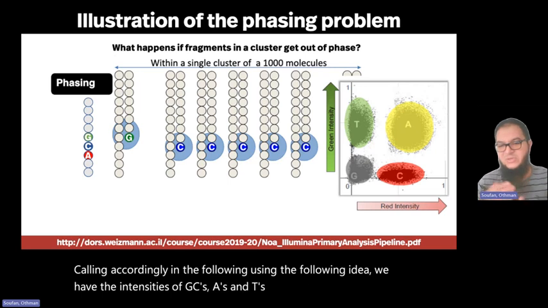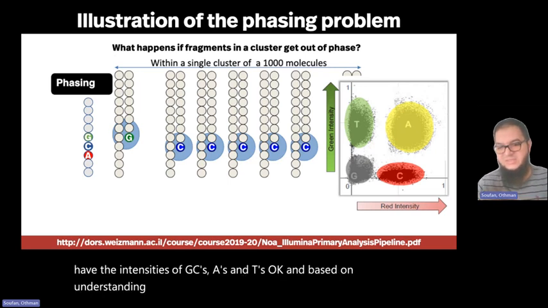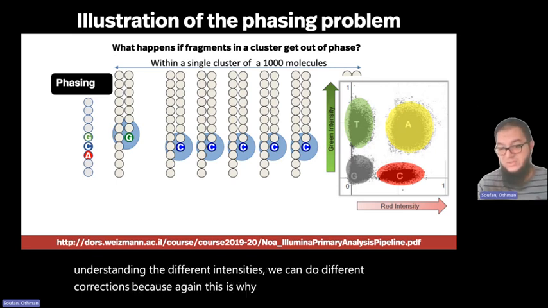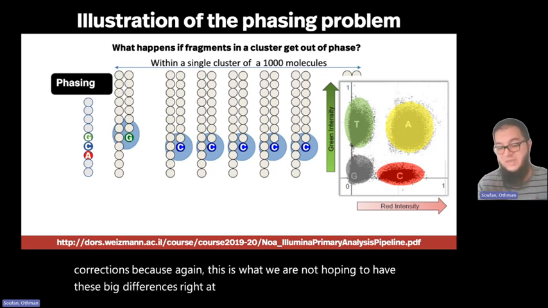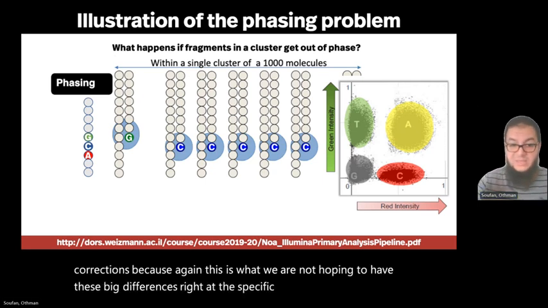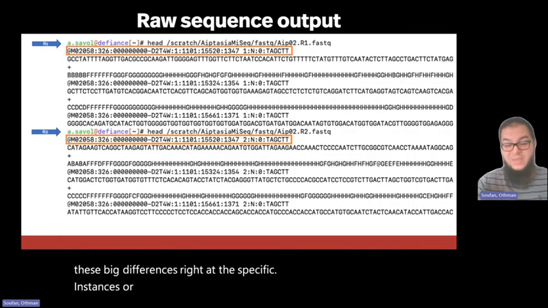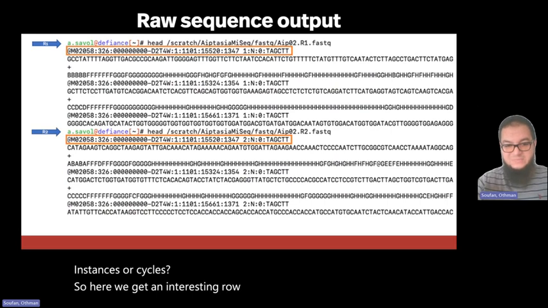Based on understanding the different intensities, we can do different corrections. Because again, we are not hoping to have these big differences at the specific instances or cycles. So here we get an interesting raw sequence output, what we're looking at here.